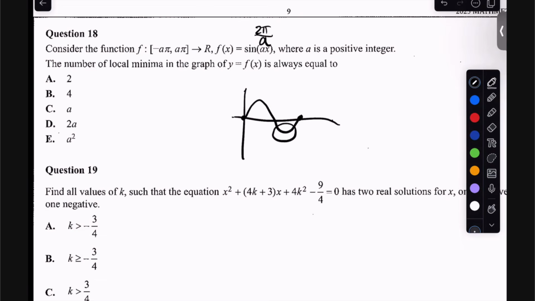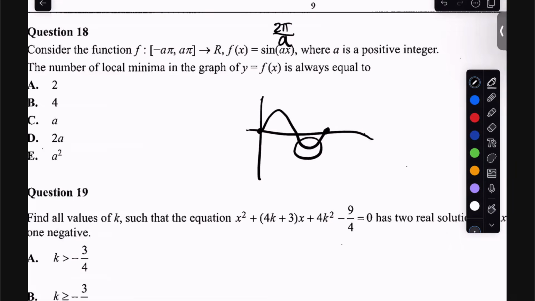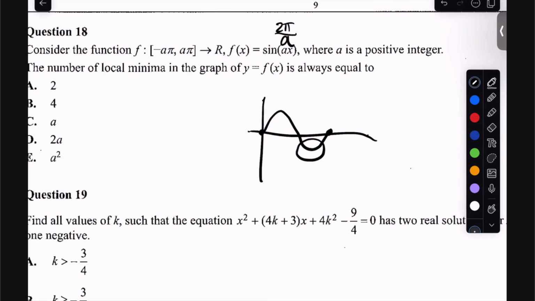Now, we've done 2 pi on A, and let's imagine A is 1. So we're actually only sketching it from negative pi to pi then.